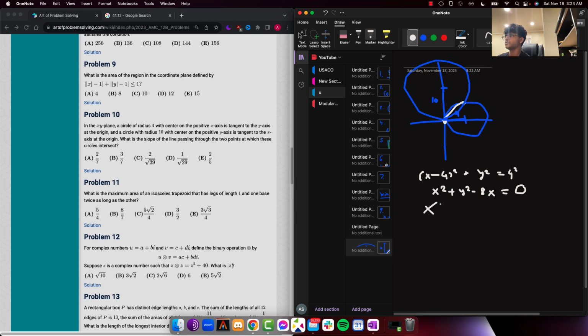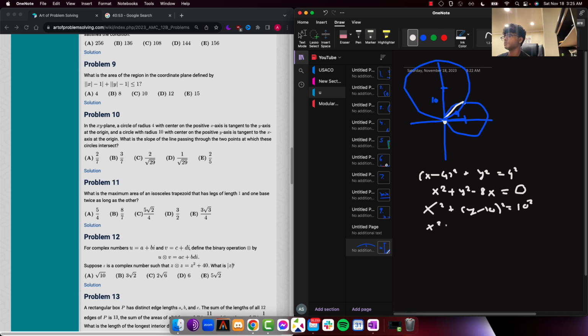So you've got x squared plus y minus 10 squared equals 10 squared. The 10 squareds cancel each other out, so it's the same pattern except with y.